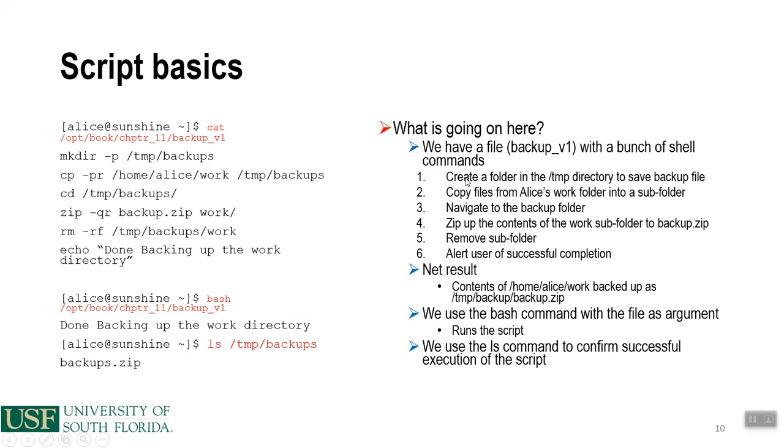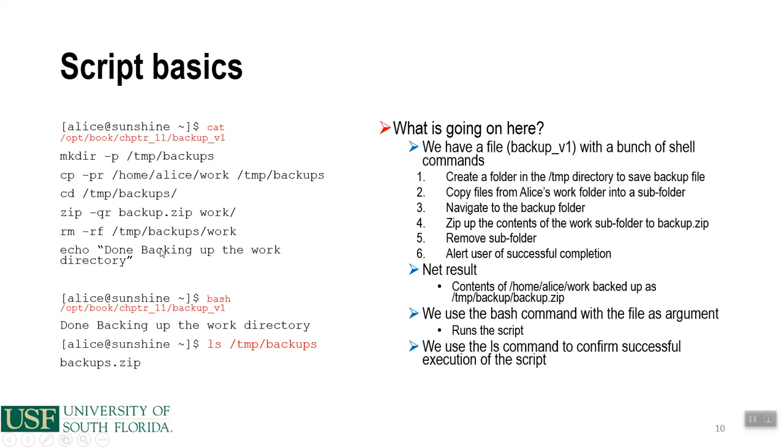The first command is to make a directory in the temp directory, or create a folder in the temp directory to save a backup file. Then we're going to go ahead and copy Alice's work into the subfolder. The subfolder is going to be the backups right here. So we're copying Alice's work into backups. Then we're going to navigate into the backups folder, and then we're going to zip up all of the contents into backup.zip, and we're going to make sure that it's all zipped up, and we're going to remove the subfolder right here.